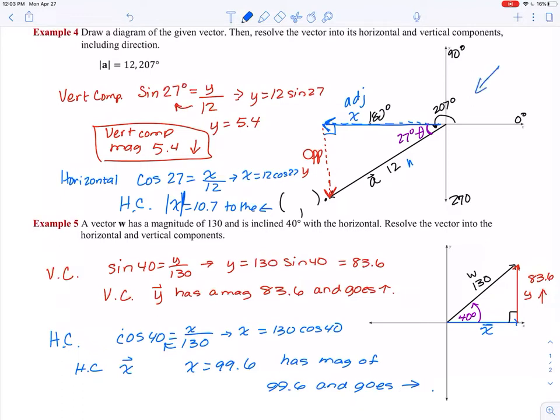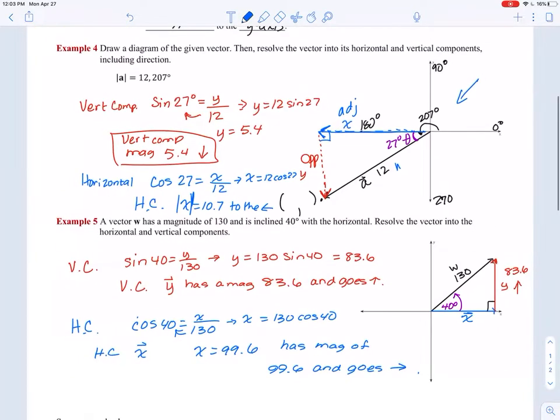Like for example here in number 1, to find angle theta, you had to subtract the angle given from 180. Okay, so that's it. It's just drawing a diagram and then using sine and cosine to find your horizontal and your vertical. That's it. Okay, have a good one.